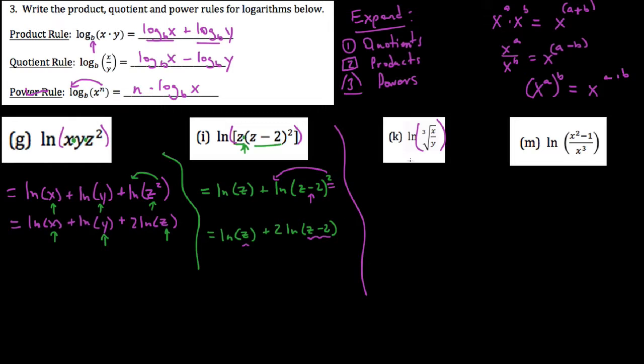So now looking at letter K, there's something I want to talk about with letter K. We have our rational exponent rule here. So let's talk about radicals and rational exponents.